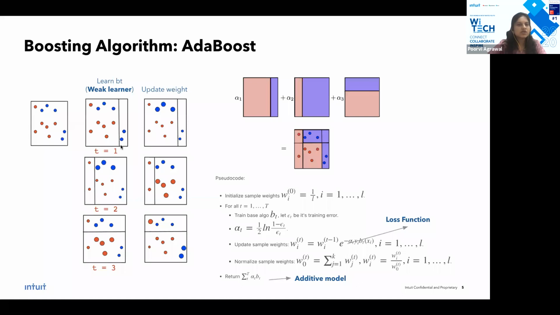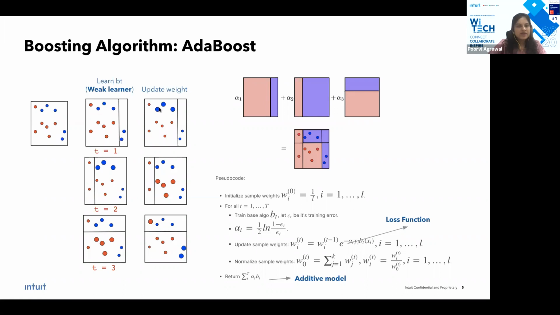Let's suppose this is your weak learner that was fit on the data. You can see from here that there are three blue examples that have been classified incorrectly. So as the next step, the algorithm will try to increase the weight of those examples that have been classified incorrectly and decrease the weights of those examples which have been classified correctly.